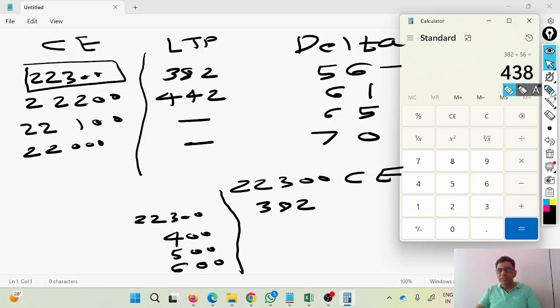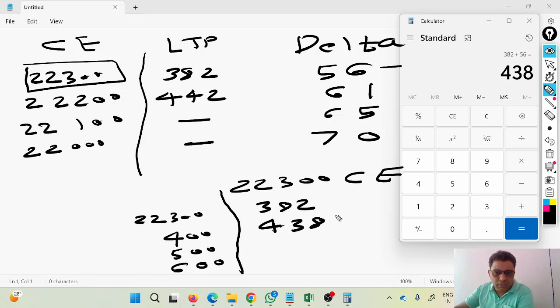It will become 438 once the market goes to 22,400. For calculation or concept purposes, I am assuming that all other option Greeks are not operating, they are inactive, so that we can understand the concept of delta first and then gamma.